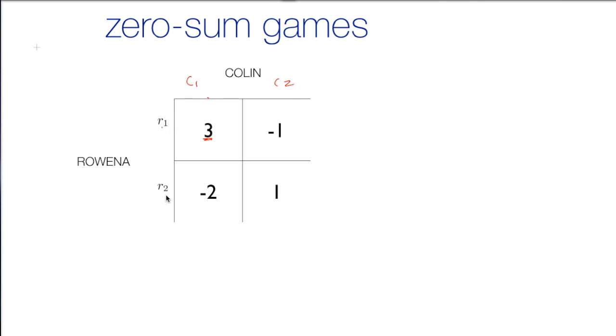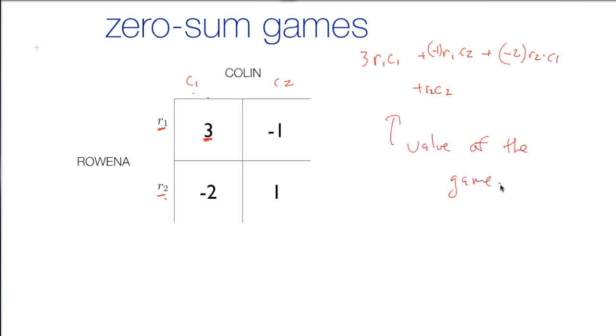So Rowena is going to play R1, R2, Colin's going to play C1, C2, and so the outcome of the game, with these being probabilities, is: with R1 times C1 probability we get 3, this is what Rowena gets, and with R1 times C2 probability we get -1, and with R2 times C1 we get -2, and with R2 times C2 we get 1. So this right here is called the value of the game. This is how much Rowena expects to get from it for this particular strategy profile.